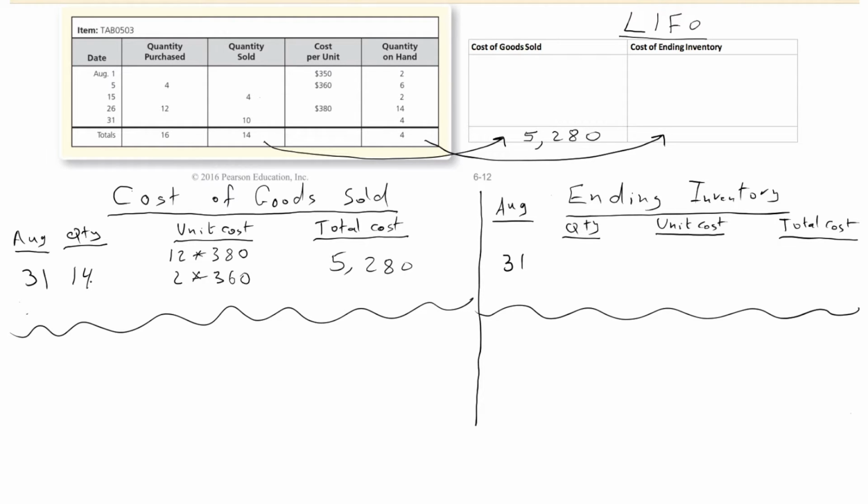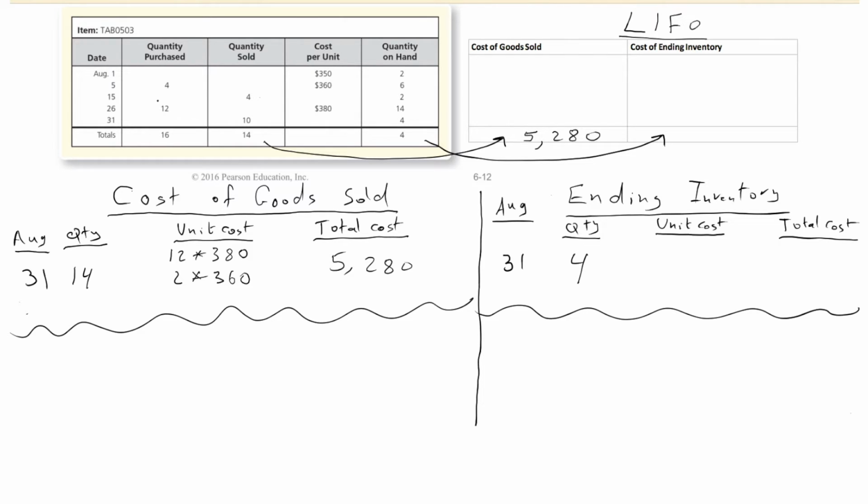Okay, so we sold 14 and our total units was 16. So my ending inventory, we had 18 units because we had 2 units on hand plus 4 that we purchased plus 12. That makes it 18 units in total. We sold 14, so my ending inventory is 4. Now, what's the unit cost?